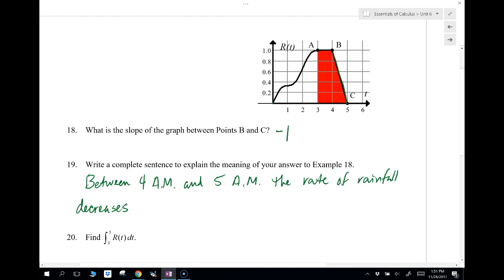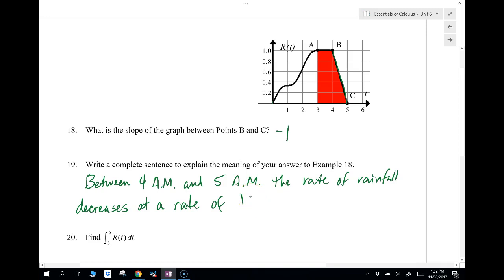Another thing you have to be careful with is that whenever you use the word decrease or increase, you're talking about a slope. So the rate decreases, and what's the rate decreasing at? It's decreasing at a rate of 1.